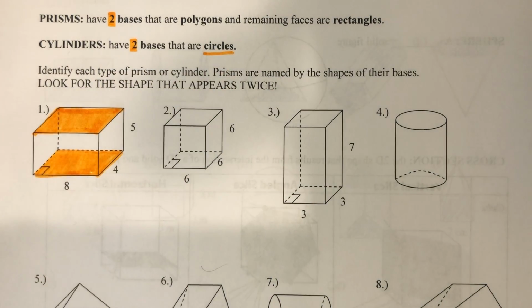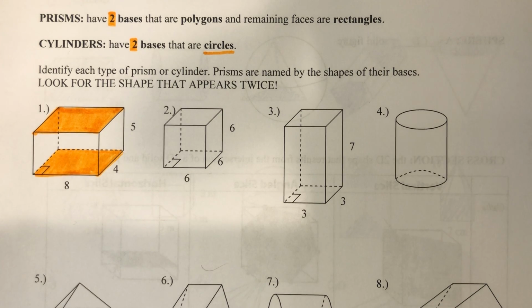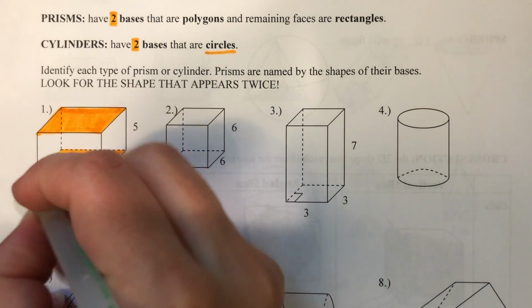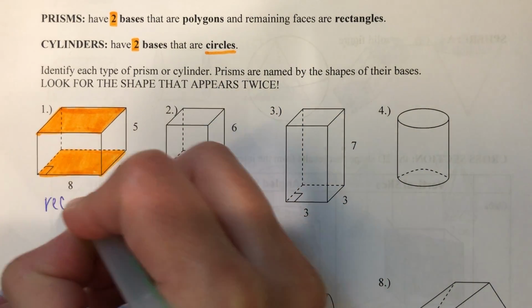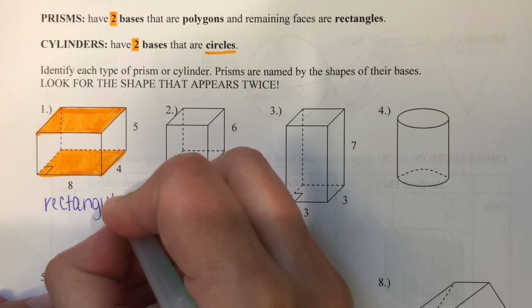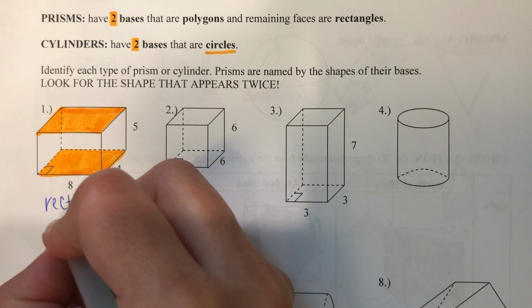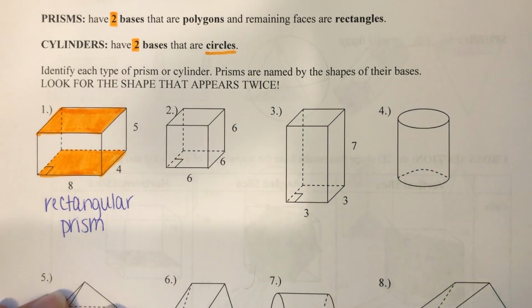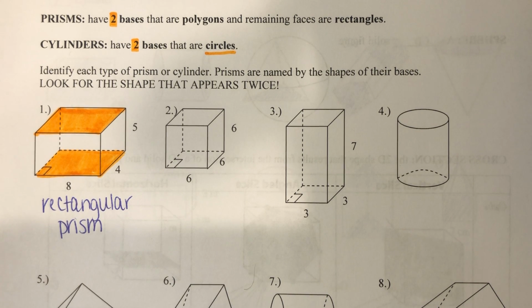So those are my two bases that are the same. So because the bases are rectangles, I would call this a rectangular prism. I'm not going to say cylinder because there's no circles or curved lines.